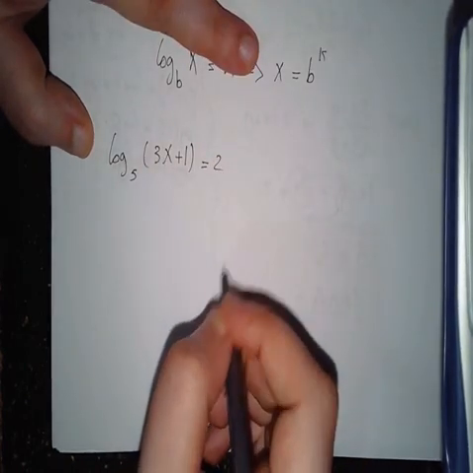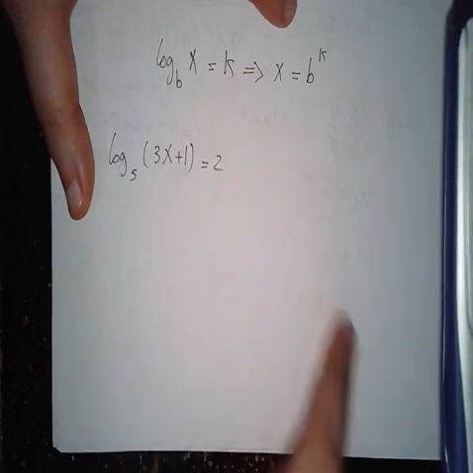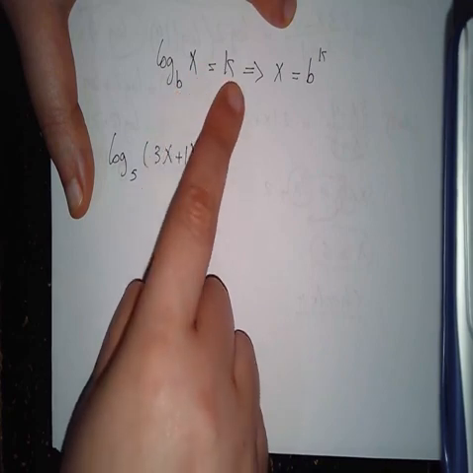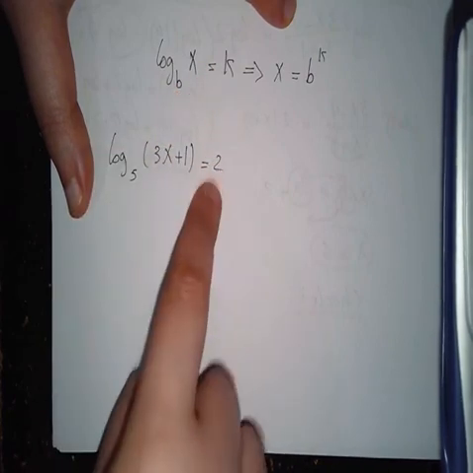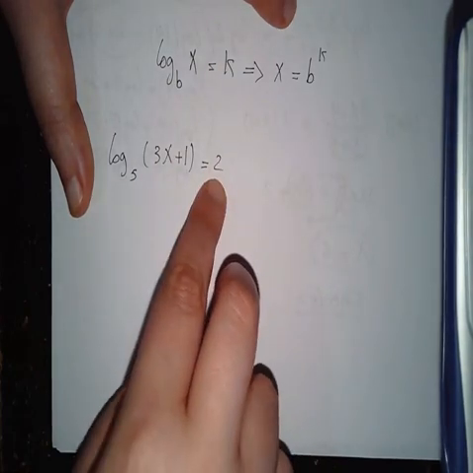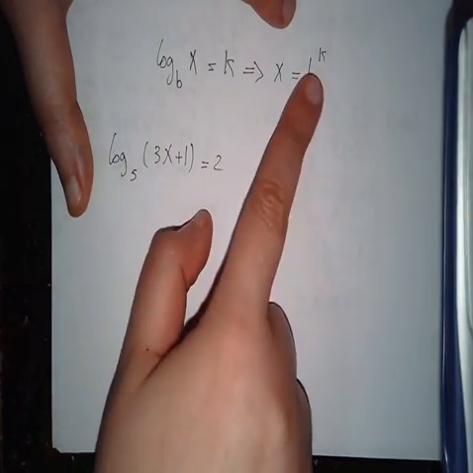Yeah? Now, this property says log base b of x equals k. So since the log equals a number, not another log, I just gave you a number, then I'm going to convert it back to exponential.